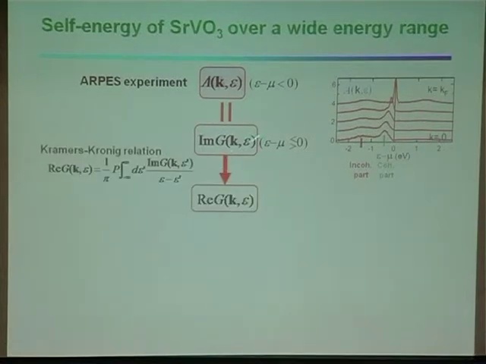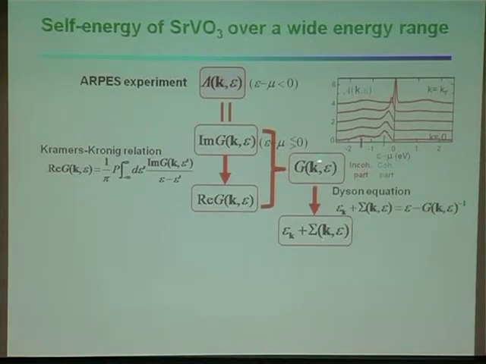Then we make a Kramers-Kronig transformation to obtain the real part of the self-energy, to get the real part of the Green's function, and to get the complex Green's function.